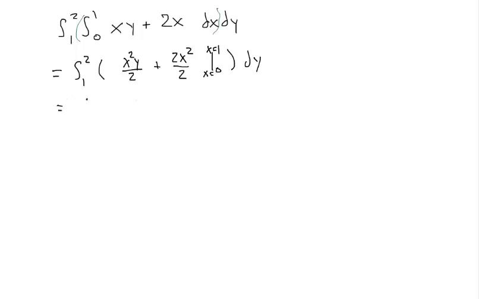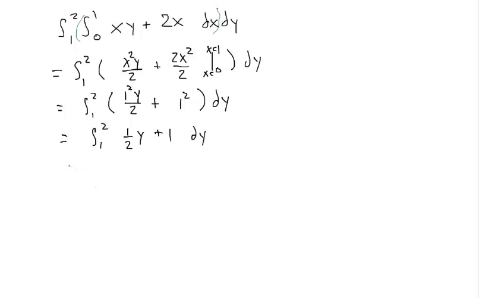Now let's evaluate it. We have 1 squared times y divided by 2 plus 2 divided by 2 is 1, so we're just plugging in 1 squared, dy. When we clean this up, we get 1/2 y plus 1 dy.